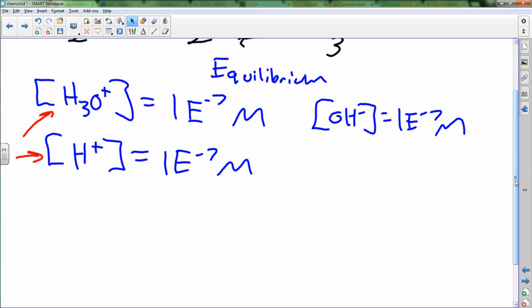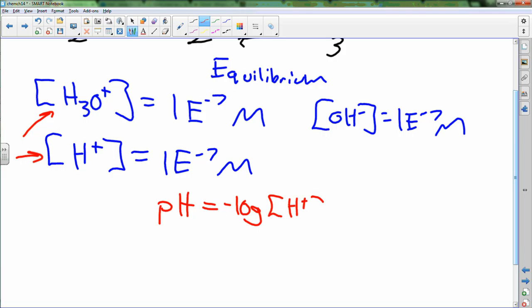Now, using those numbers, 1 times 10 to the negative 7th, can be a little bit clunky. So we've come up with a way of expressing that in easier terms, and that's where the whole pH comes from. For pH, we take the negative log of the concentration of H+ ions.